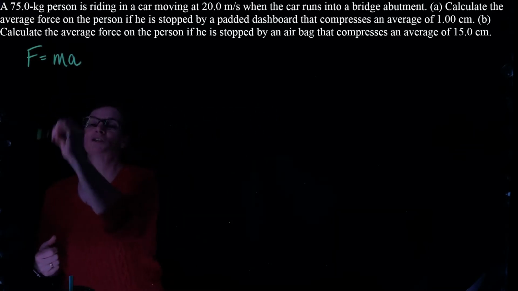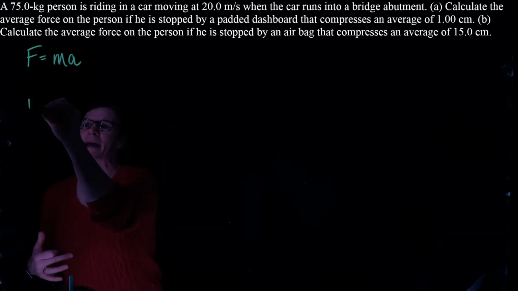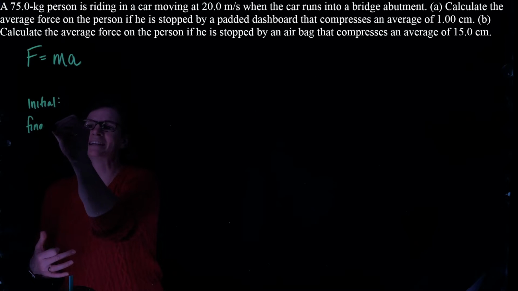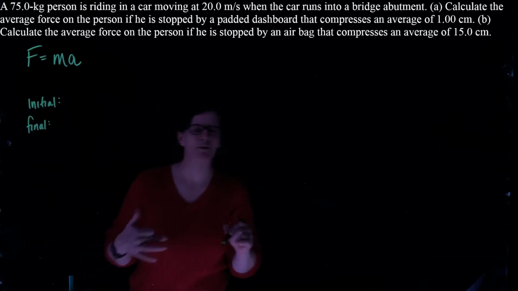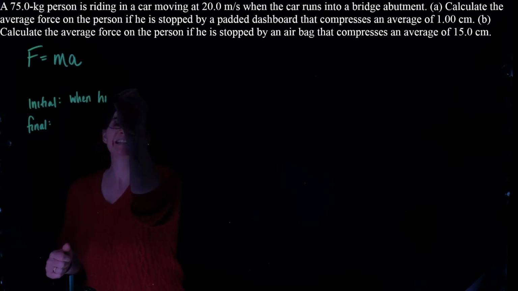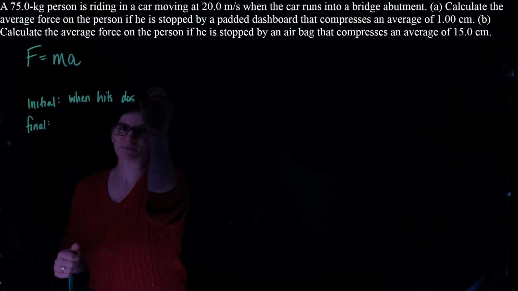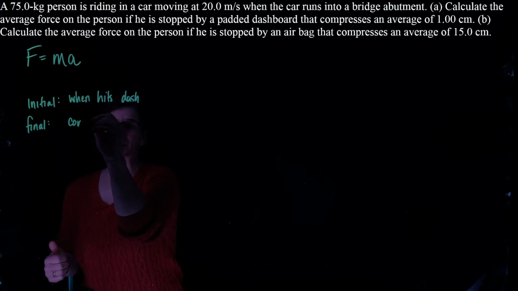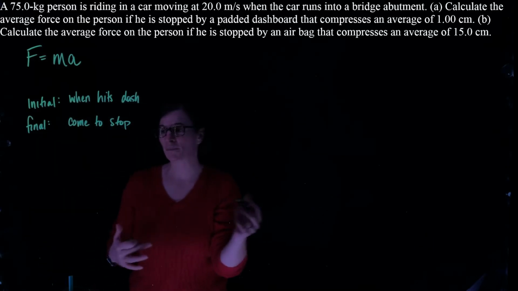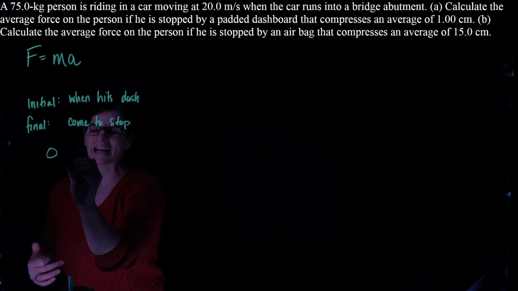And so we're going to look at the acceleration in a kinematics way, which reminds us that we have to understand what's the initial and what's the final. So the initial is when the driver hits the dash, and the final is when they come to a stop. If we're looking at our picture, we're really looking at the driver hitting the dashboard.